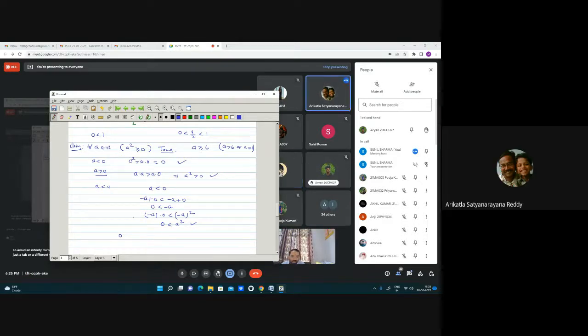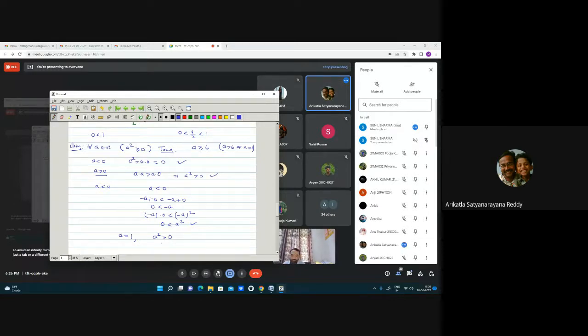See, actually, if I take a equal to 1, a is not equal to 0, we know, right? Then a square is greater than 0, we already proved. Whenever a is not equal to 0, a square is greater than 0. When a equals 1, since a is not equal to 0, a square is greater than 0.